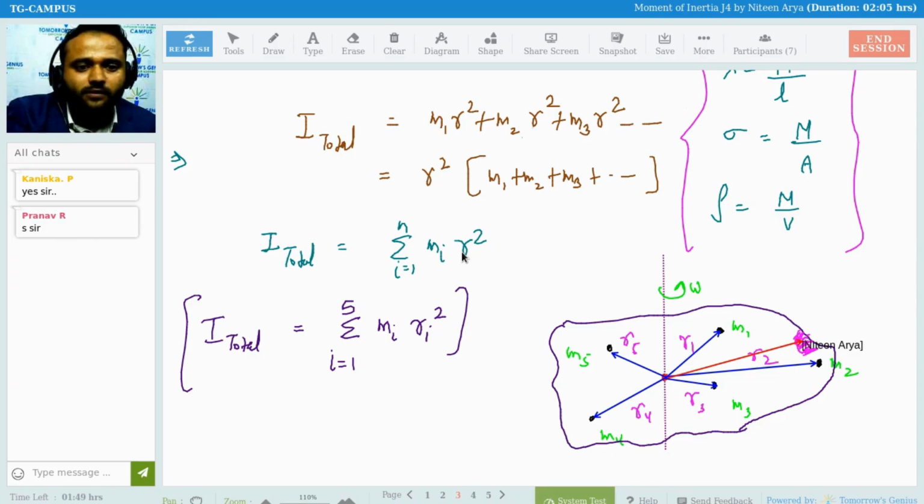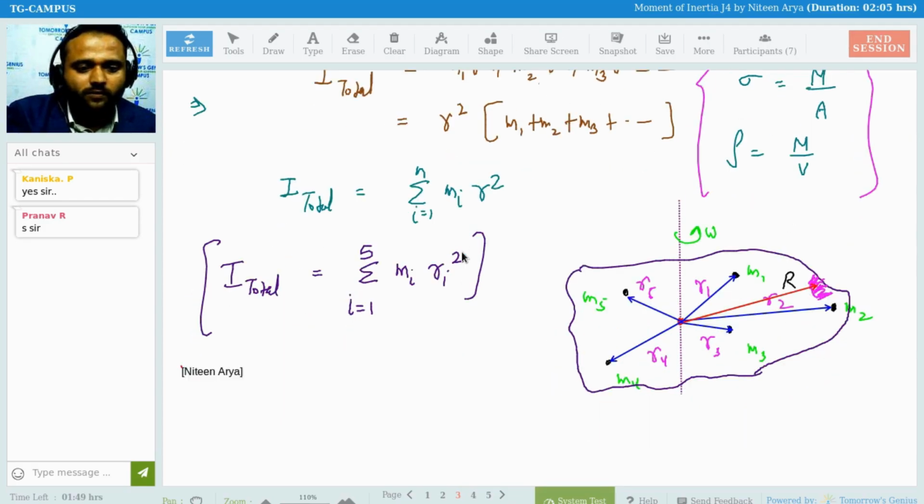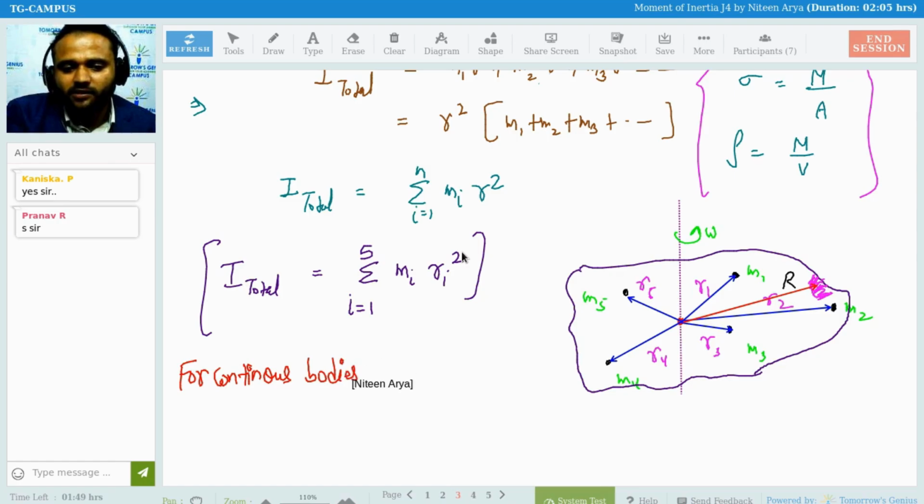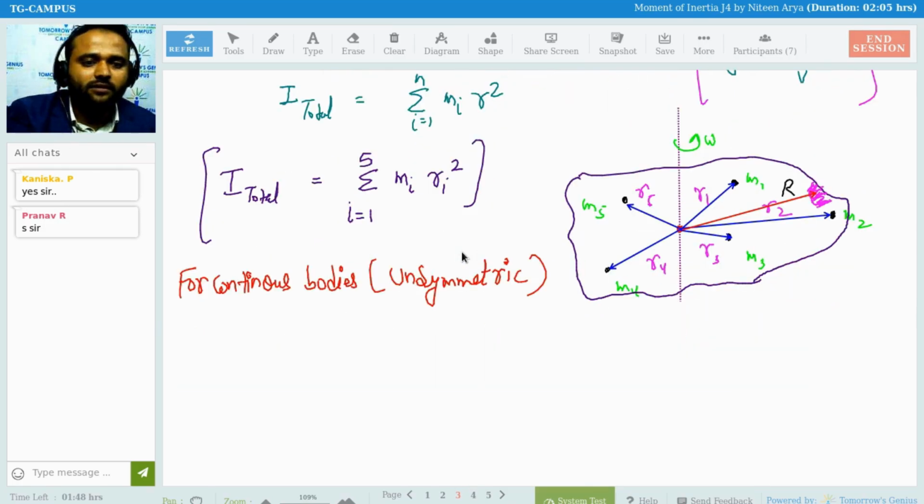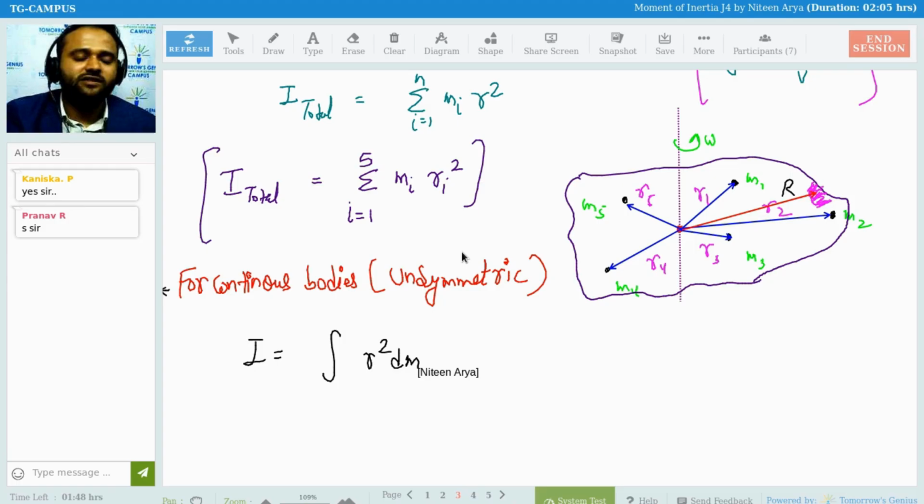So for continuous bodies, or you can say unsymmetric also, continuous means unsymmetric. Even we are going to find the symmetric one. Either a continuous body can be symmetric or unsymmetric. This I, moment of inertia, is nothing but simply the integral of r square dm. Is this clear now?